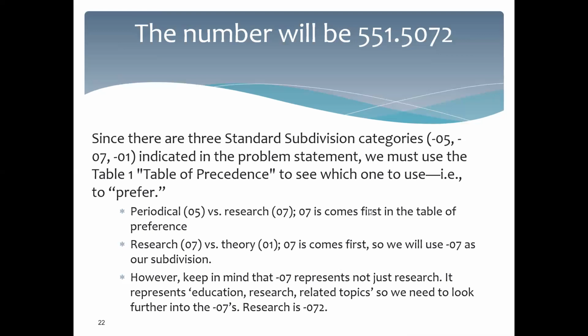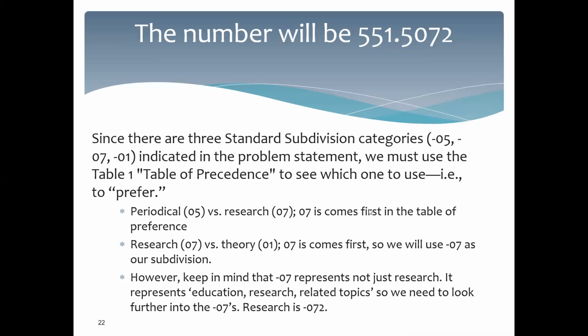So there are times when we tweak things and make decisions differently so that things sit on the shelf the way they need to for a particular topic. And of course, looking at the research aspect, we're not just going to go with 07 as research, because that represents education, research, and related topics. We actually need to define it further, because that's a broader topic.